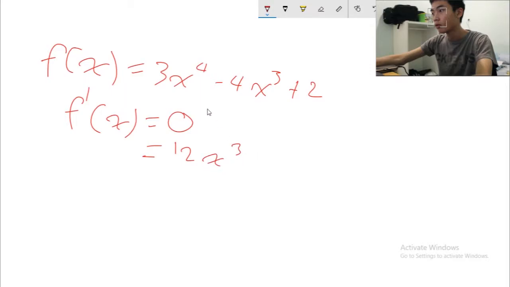As you know, using differentiation, you move the number here and multiply it with this one, resulting in the number 12, and then this one is minus by 1, resulting in this. Then we repeat the same steps with over here, and since 2 is a constant, we'll just leave it blank because it results in 0.